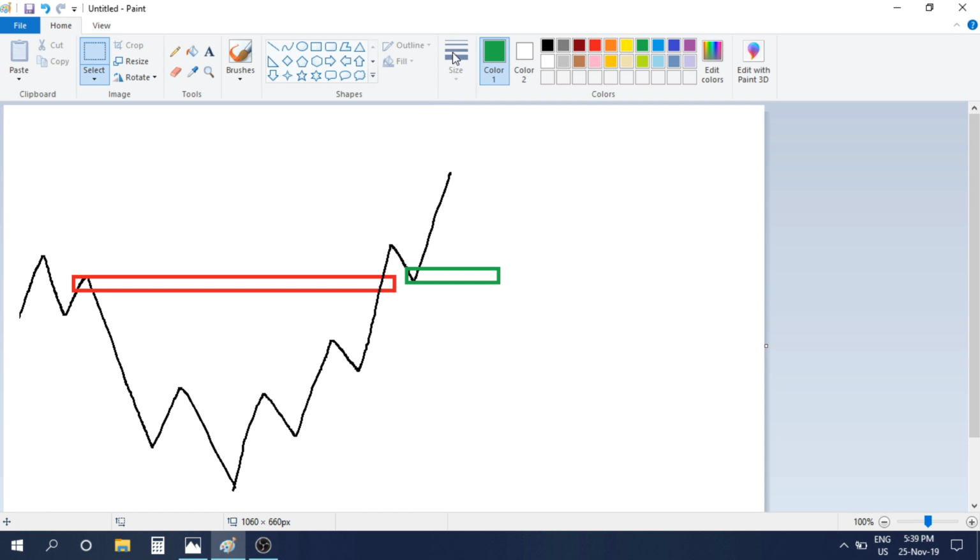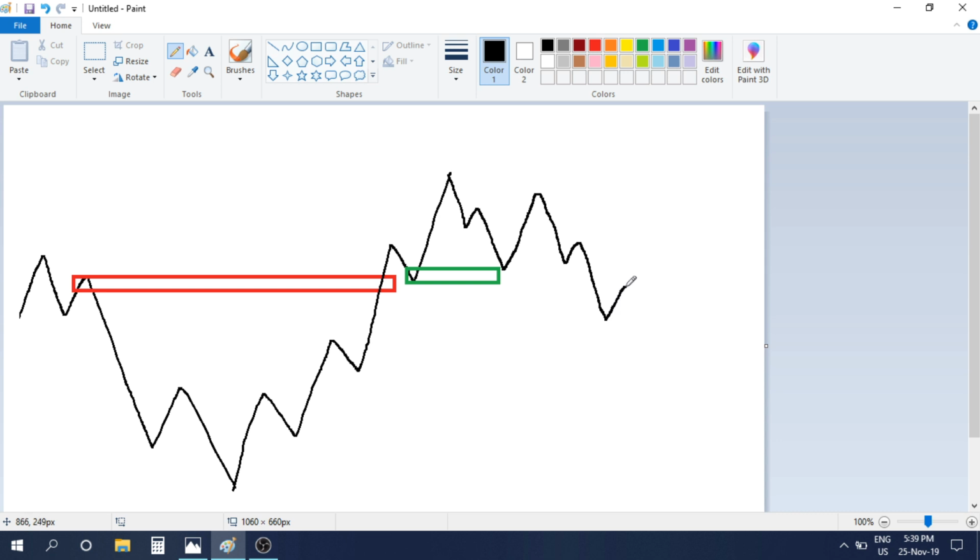Now what happens is that price starts coming down, comes back to this ERC zone, right? Gives a nice reaction, let's say, and then it engulfs this ERC zone.